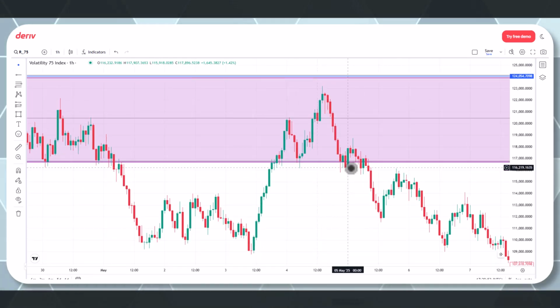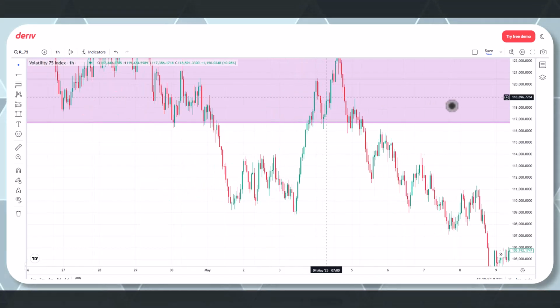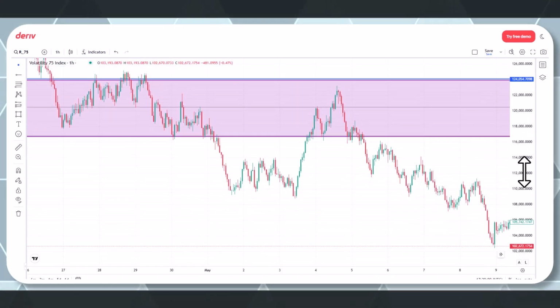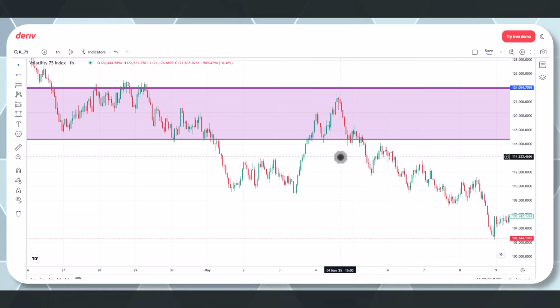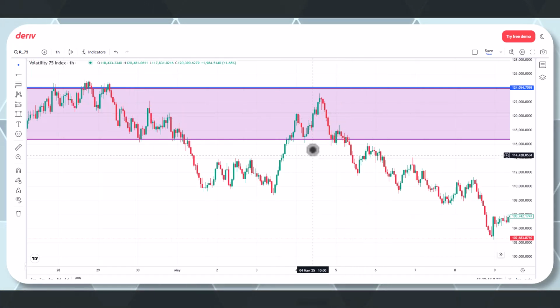Now, beyond this area was all inside of the mitigation. This area was all inside the mitigation. Now, if we have a market structure shift happening right in here, you always want to see, so for instance, it shifted in here and we saw a continuous down close candle until this point.